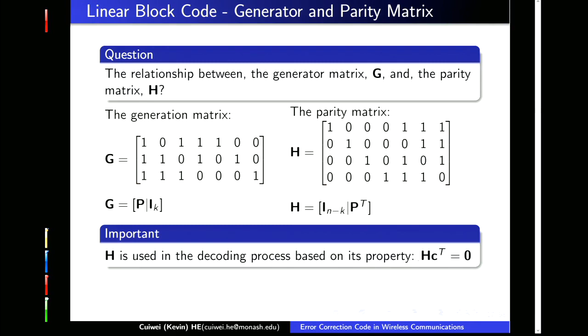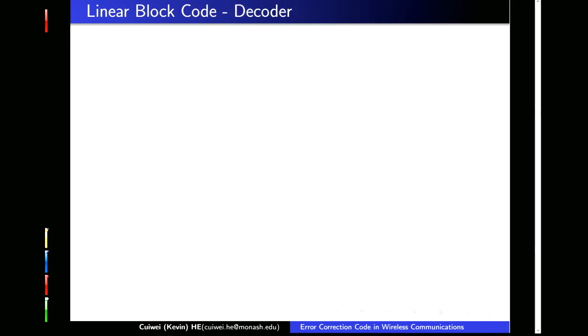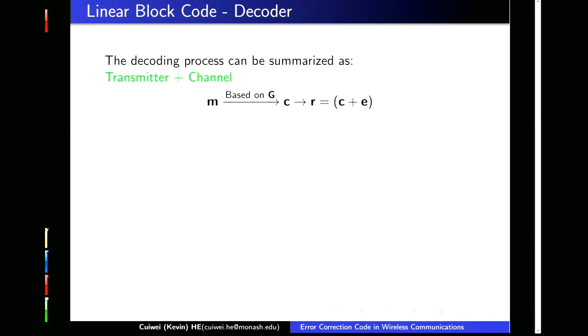So again, this is the property we are going to use for the decoding process and also the error detection process. I will use an example. First, I have a quick summary of how the overall process works. We first have a message sequence, which is input into an encoder, described using a generator matrix G. Then we get a code word.